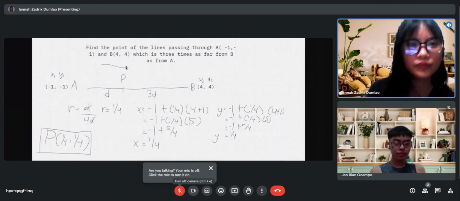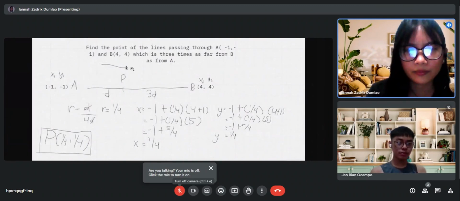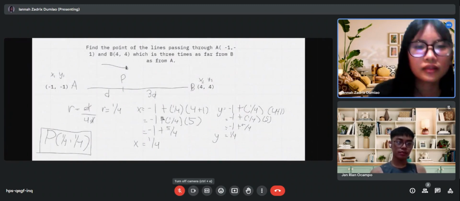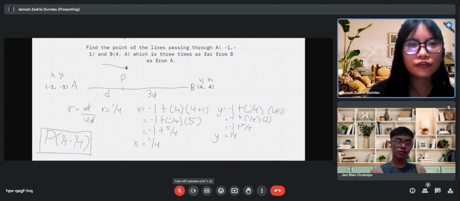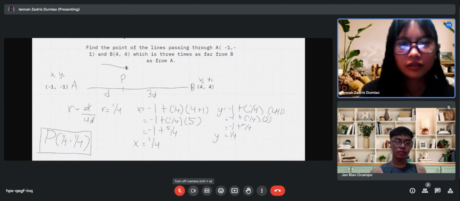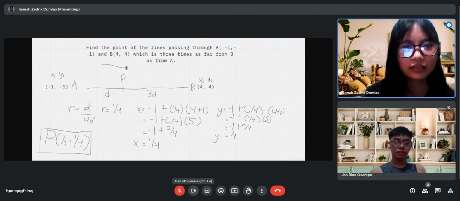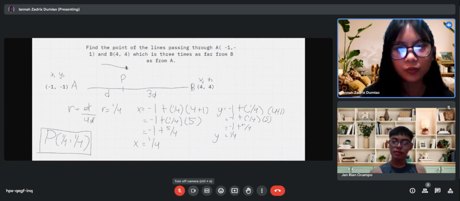Then we will find the coordinates of point P. To get the coordinates of point P, we will use the equation x equals x sub 1 plus r quantity x sub 2 minus x sub 1, and for the y, y equals y sub 1 plus r quantity y sub 2 minus y sub 1.